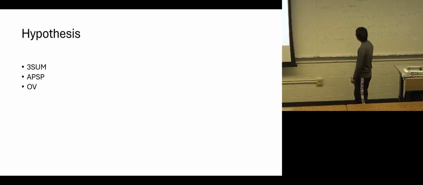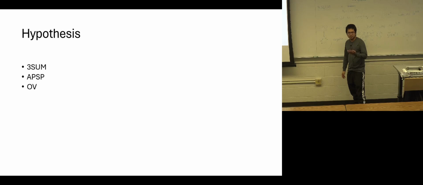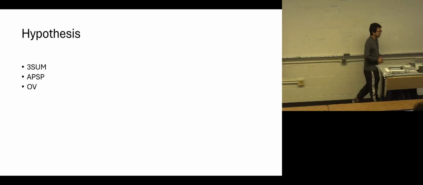But not too many people try to attack it. Maybe people like Ryan Williams try to attack that, but maybe more algorithm people should try to do it. Ryan Williams works on complexity.